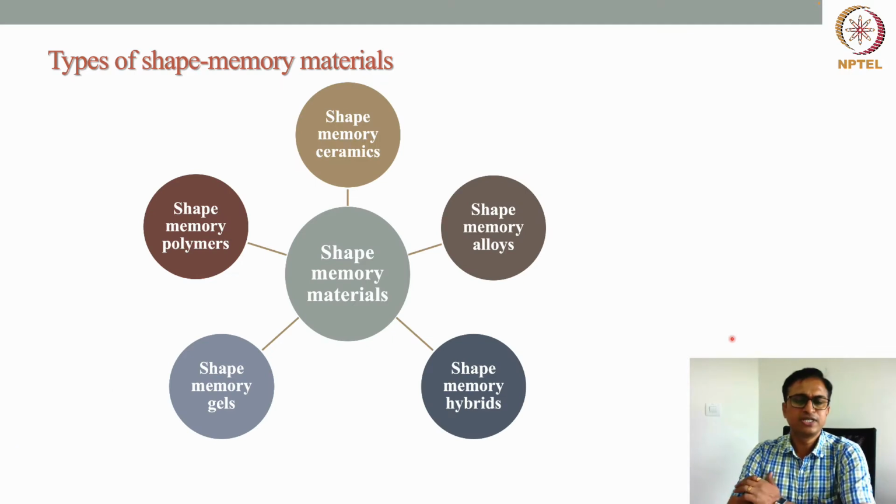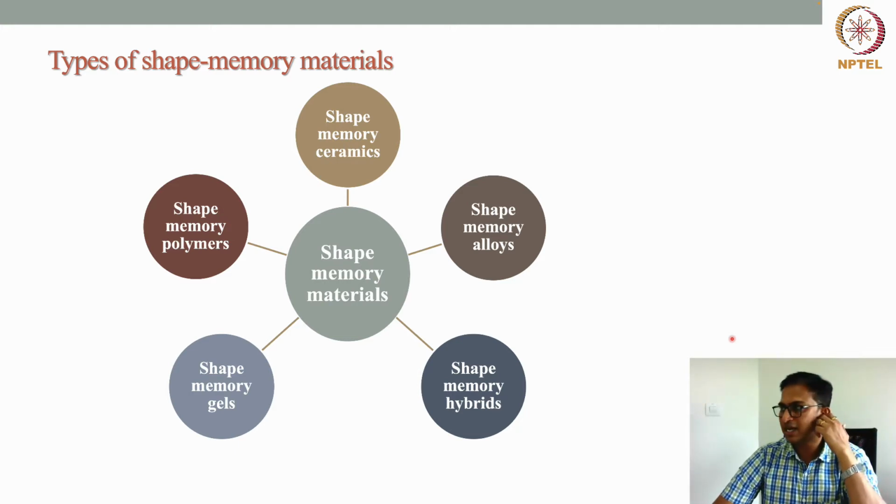So there are different shape memory materials. Different shape memory materials are being used for 4D bioprinting, because these materials are mostly smart materials, as we said. The change of the structure can happen due to some stimulus, and then the changes can be reversible.